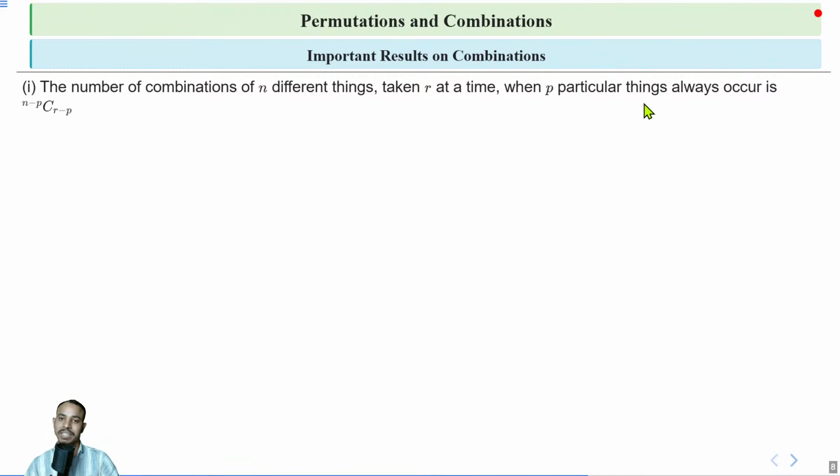We have to find the number of combinations. Here the condition is that p particular things will always be included, so the number of selections for those p particular things is basically 1.